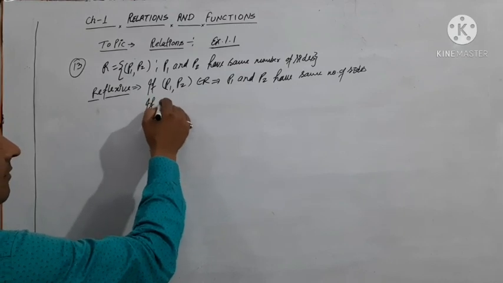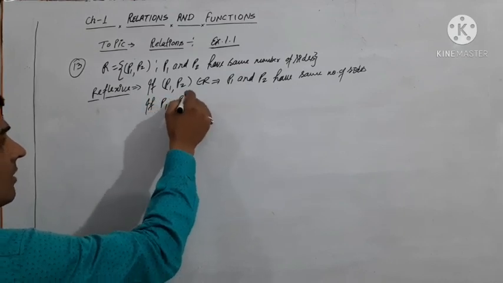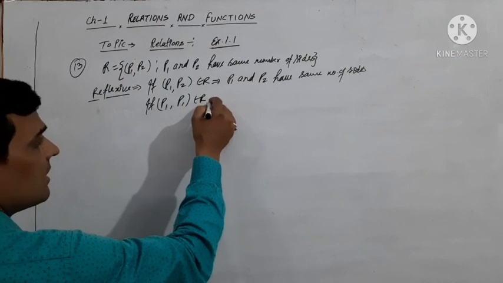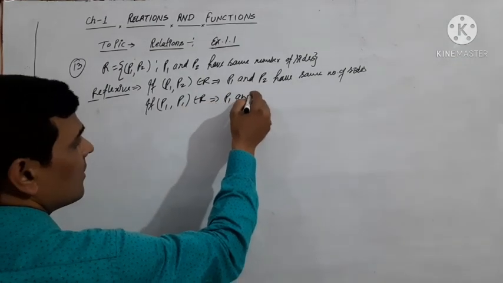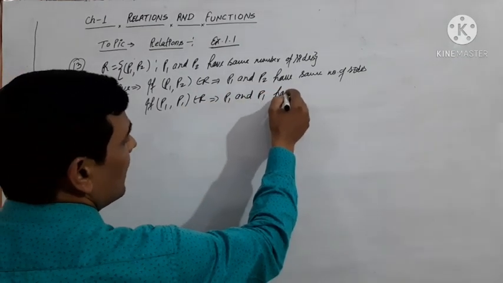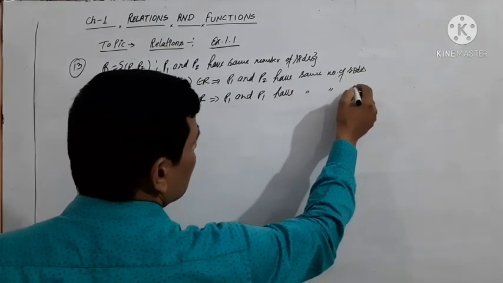And if P1, P1 belongs to R, then what is the condition? P1 and P1 have the same number of sides.